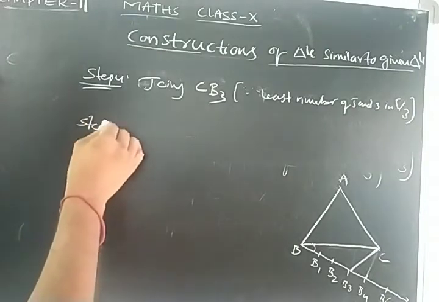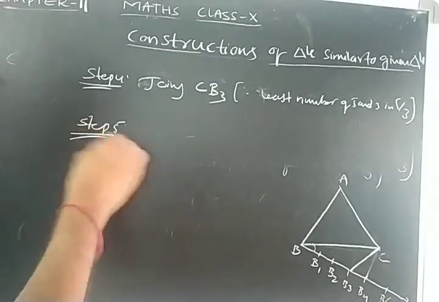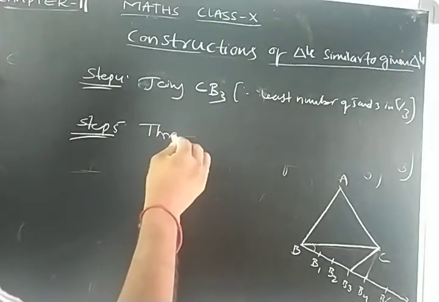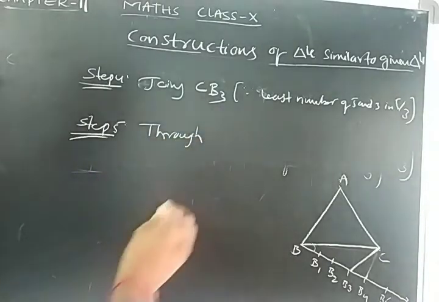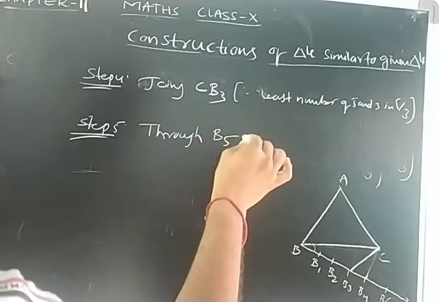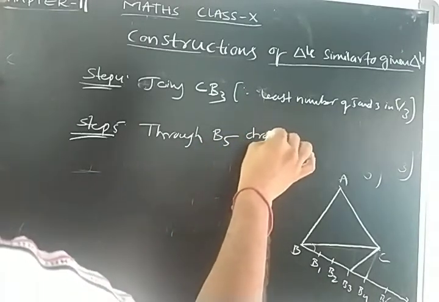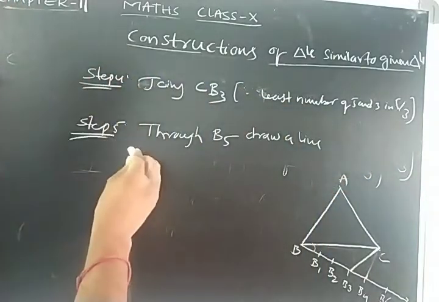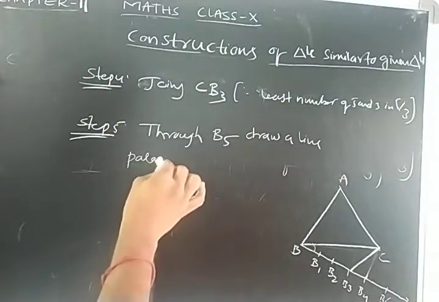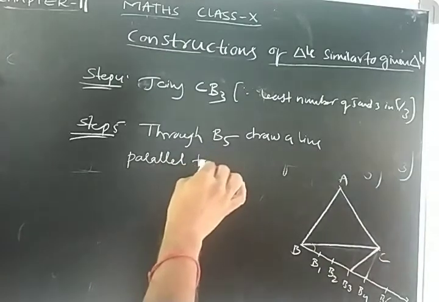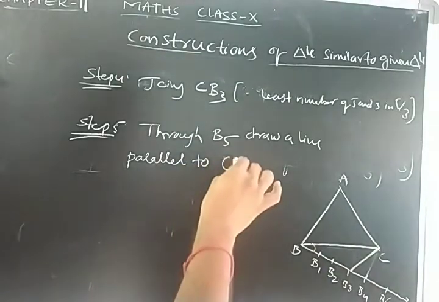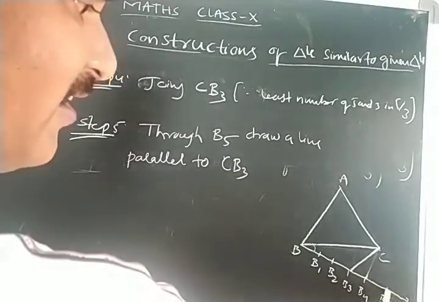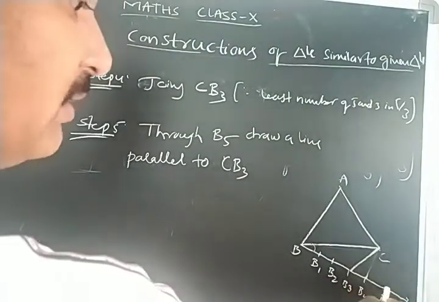After joining CB3, go to step 5: through B5, draw a line parallel to CB3.